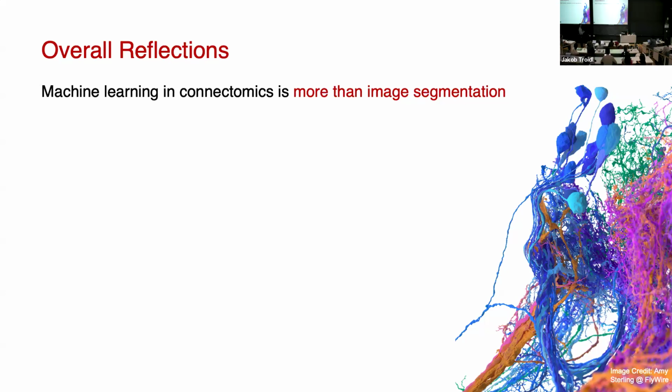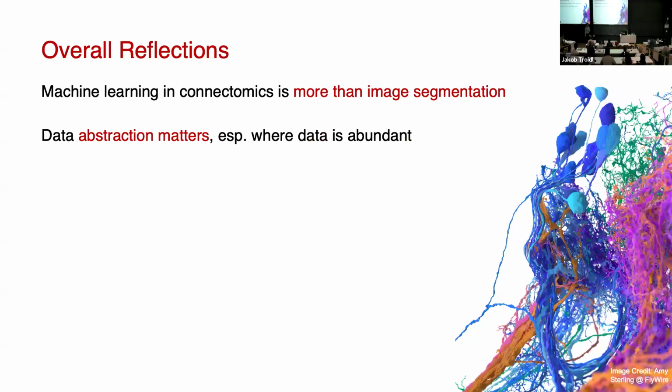Historically, lots of the attention has gone into image segmentation. But I think that is one particularly important use case, and there is also much more that we can do using these very powerful algorithms, such as thinking about how we can improve the proofreading process or even do some machine learning guided motif discovery or analysis in connectomes.